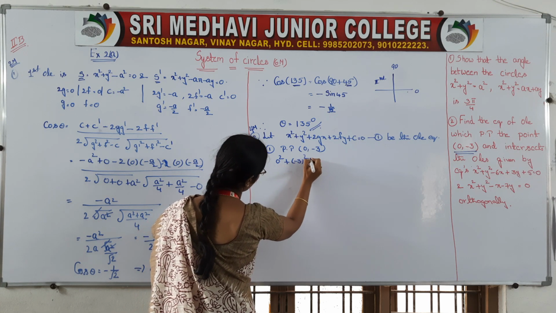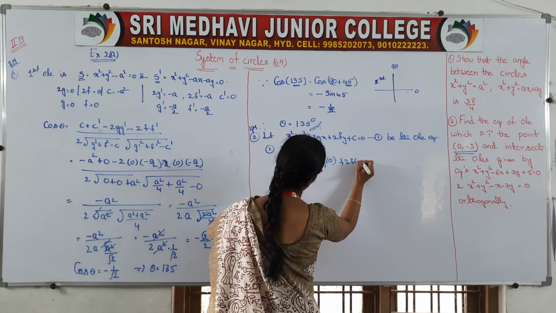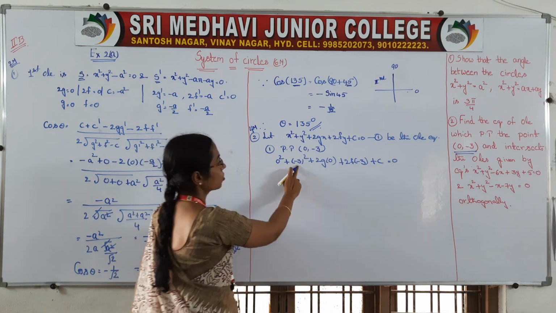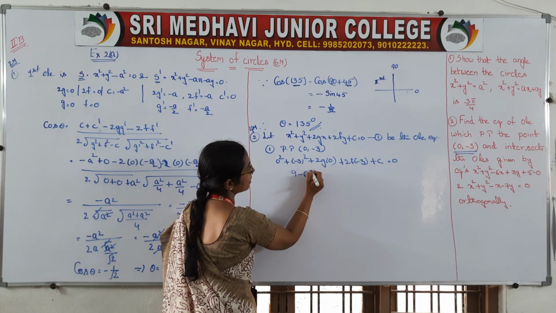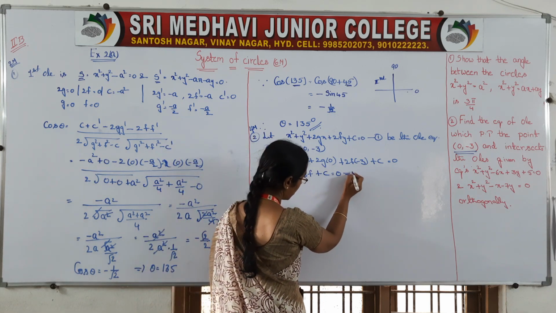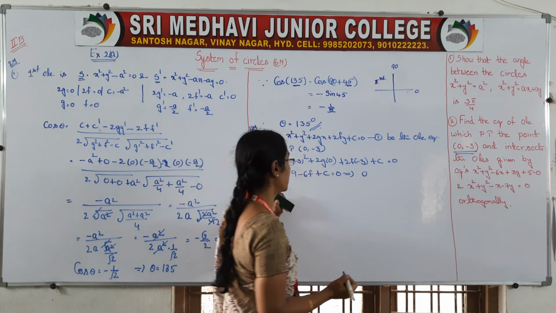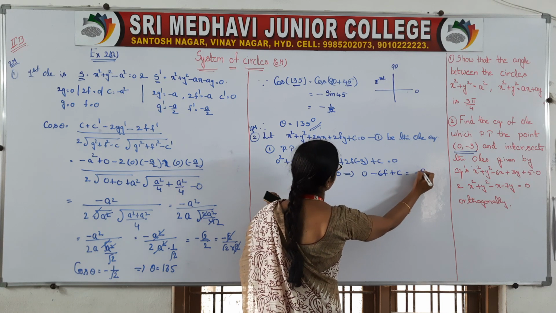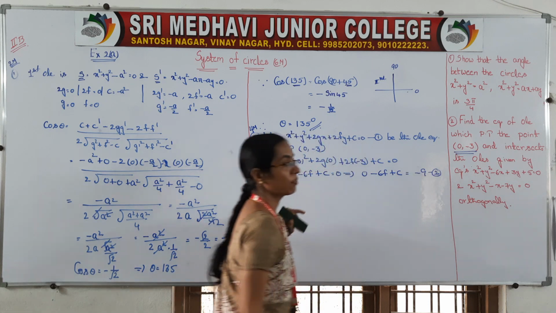Minus 3 whole square, 2g into 0 plus 2f into minus 3 plus c is equal to 0. So this is 9, this is 0, minus 6f plus c is equal to 0. Try to write in the order. Generally the first g term should be there. There is no g term, in its place you can take 0. Next f term, next c term, and send the constant 9 to that side. You will get your second equation.